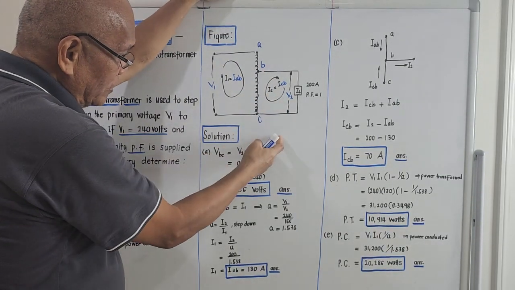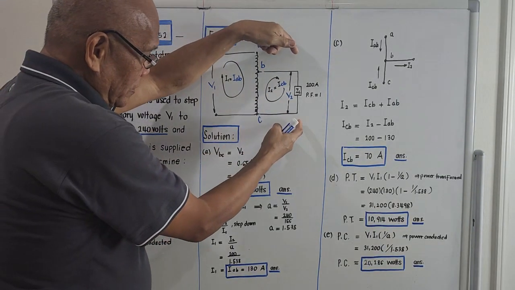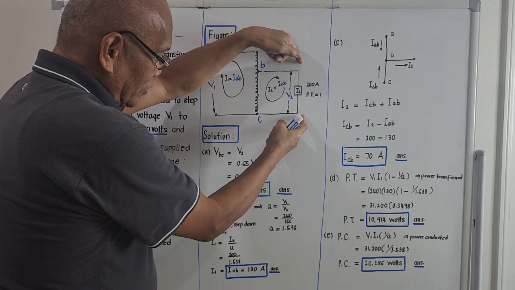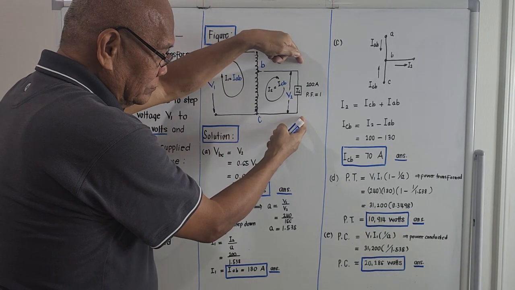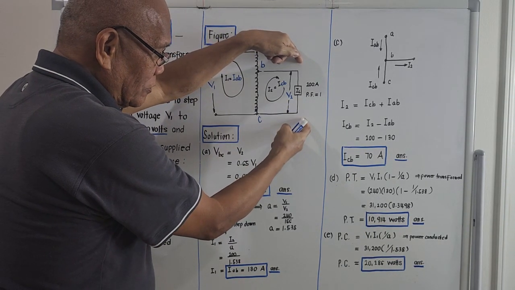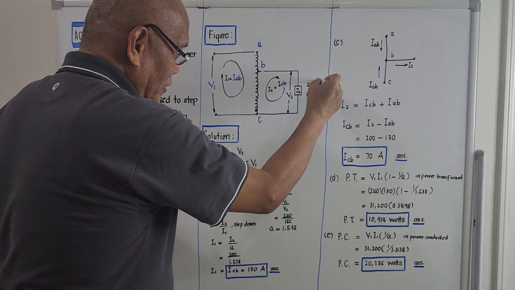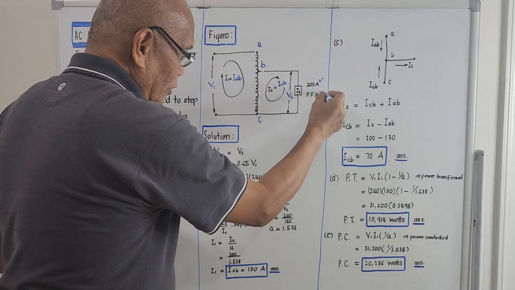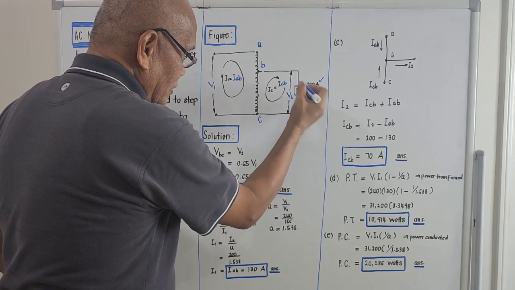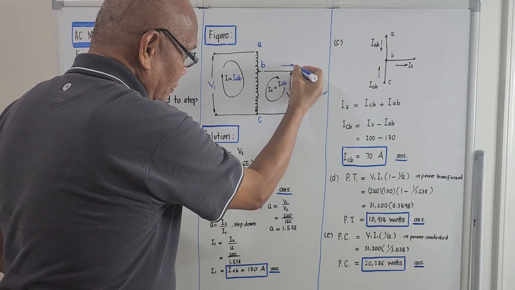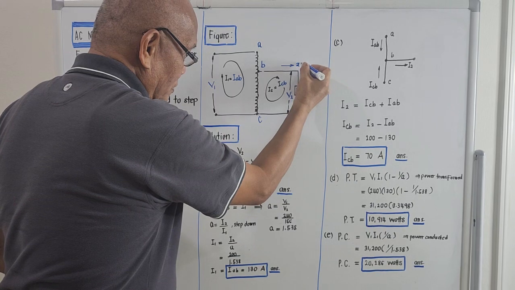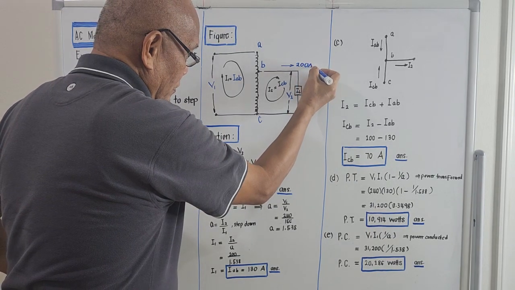Across BC, a load Z sub L, an impedance load, is connected. The current consumption of this load is 200 amperes at power factor 1, so the current coming out here is 200 amperes.